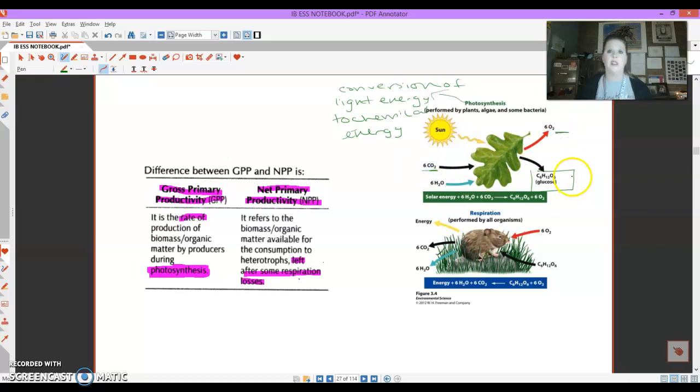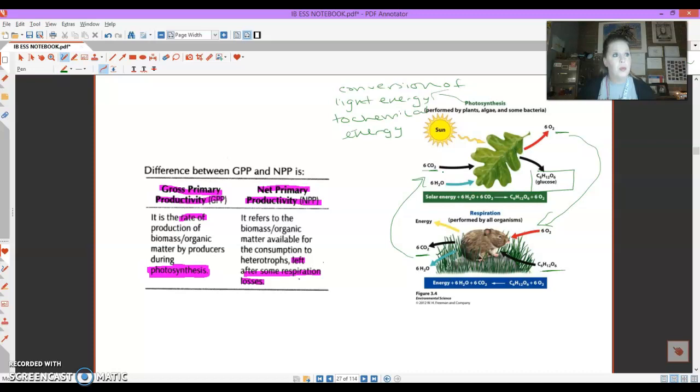Now, where does that oxygen go? The oxygen comes down to animals. We take it in. We also use the glucose for energy. Now, what do we release? Carbon dioxide. Guess who uses the carbon dioxide? You're right, plants. So these two processes are very dependent on each other.